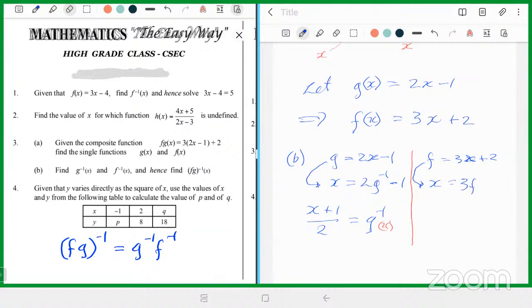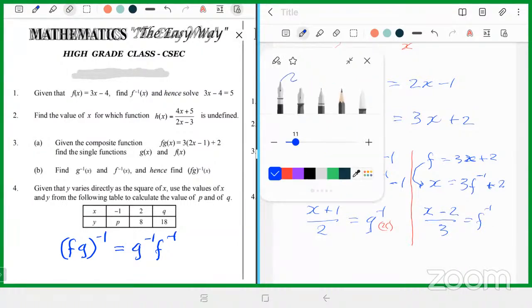Range on the inverse of f is written f to the minus 1, plus 2. And then again, we're trying to make this the subject. We're going to transpose the 2, subtract it, and then divide by the 3. So it becomes x minus 2 divided by 3. That leaves us with f to the minus 1. So that is our f to the minus 1 of x right here.